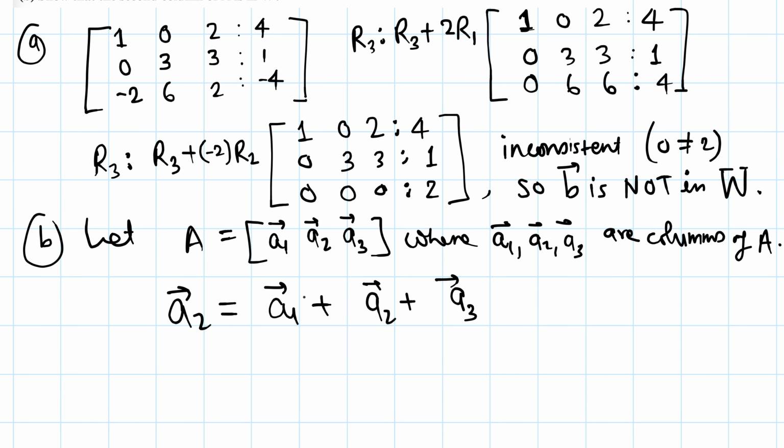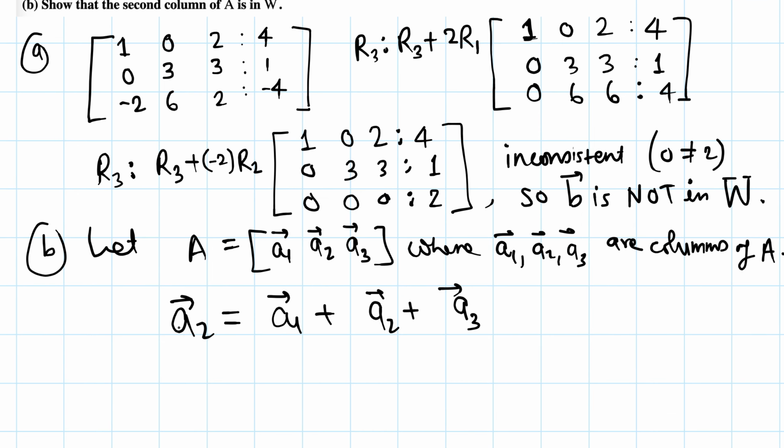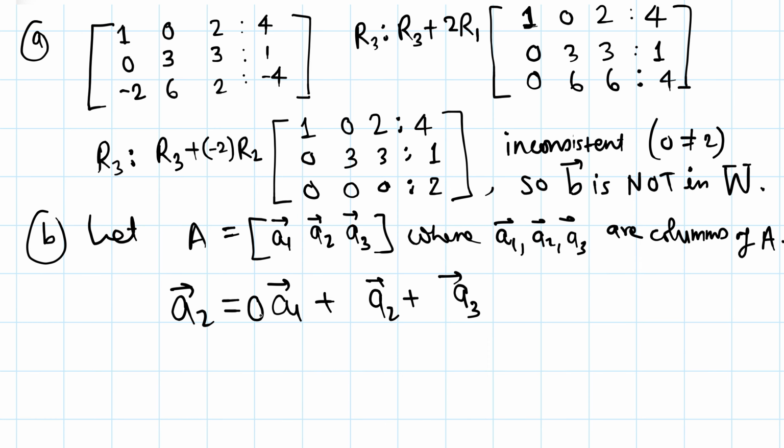We can row reduce, by the way, with A2 in the last column. But look at the second column. How about 0 times the first column plus 1 times itself plus 0 times the third column? That will just be A2. So the row reduction is not needed.